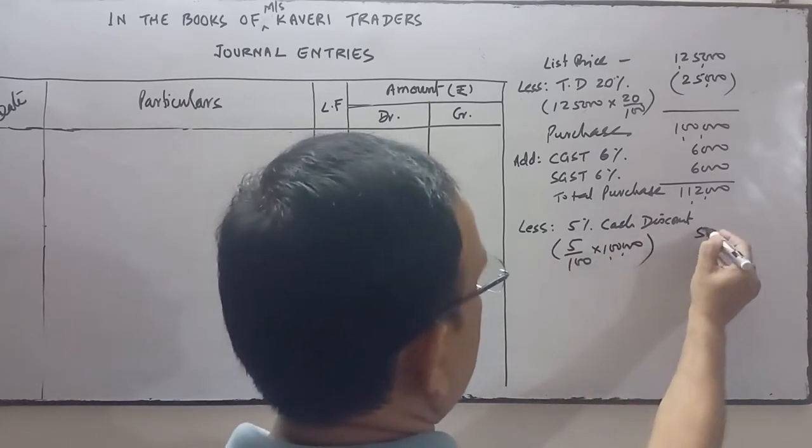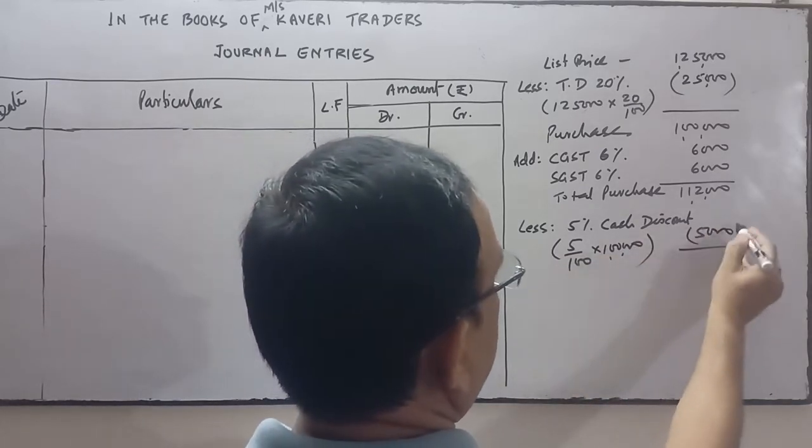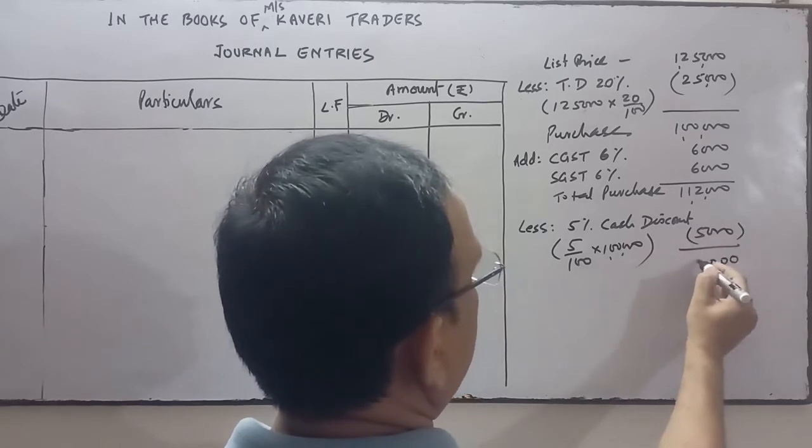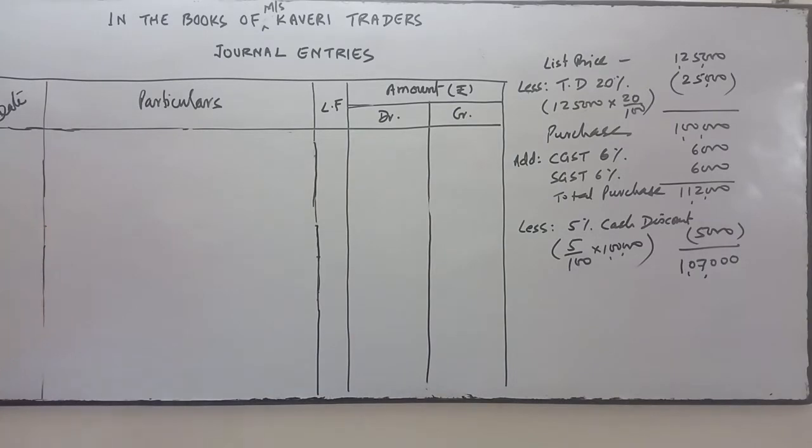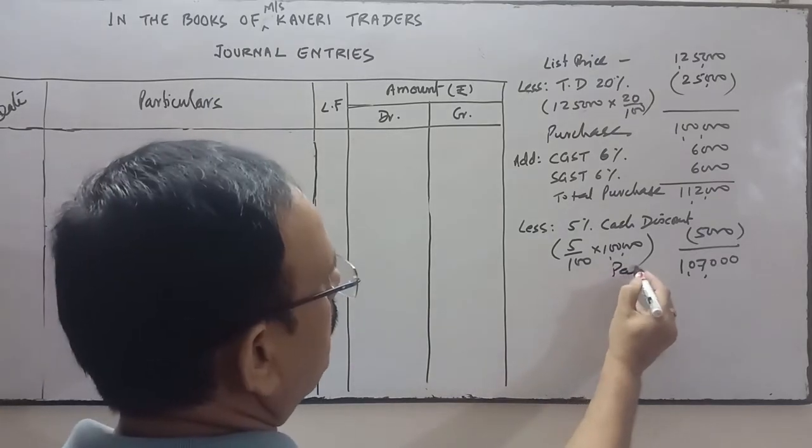So it is 5,000. So the final payment will be 1,07,000. This amount will be paid.